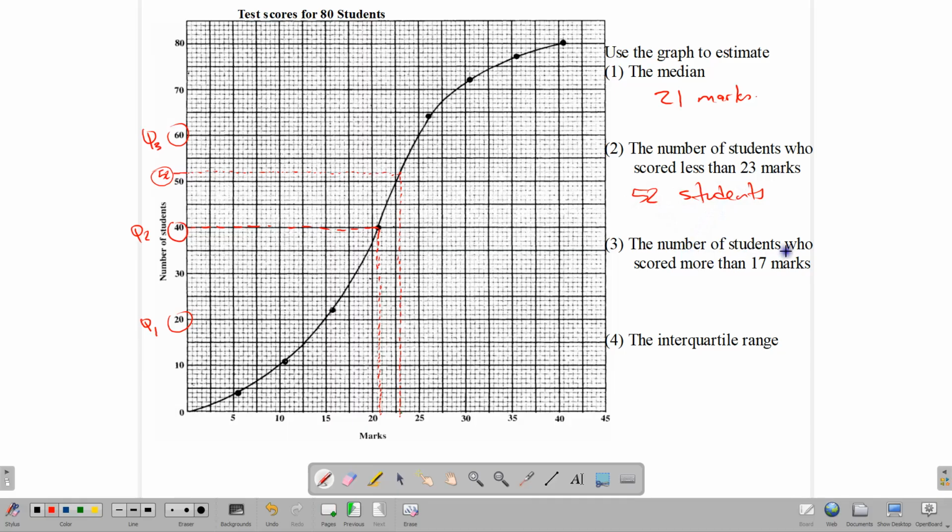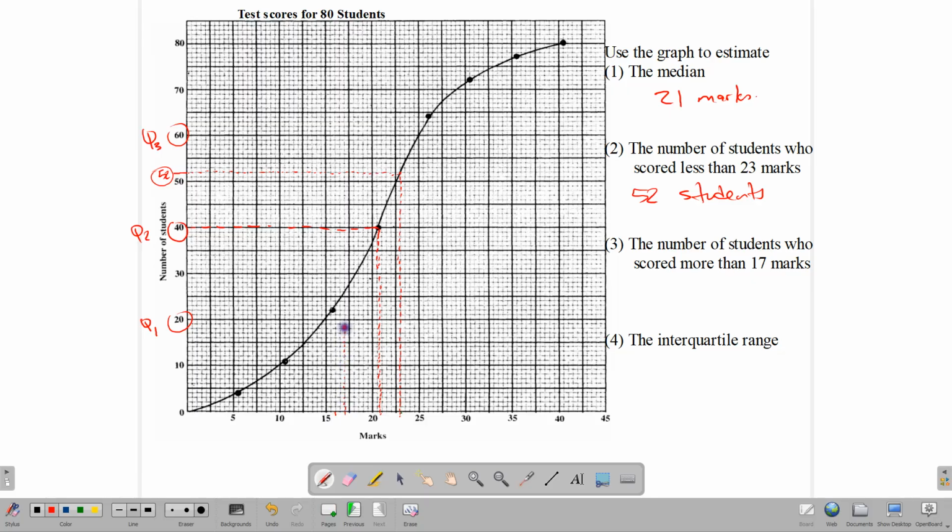And the number of students who scored more than 17 marks. So before we answer that question, we need to find out, because this is not a more than curve, it is a less than curve, but we can use it to find the answer. So this is 15, this is 16, this is 17. So let's go up to our curve to see what's going on there.